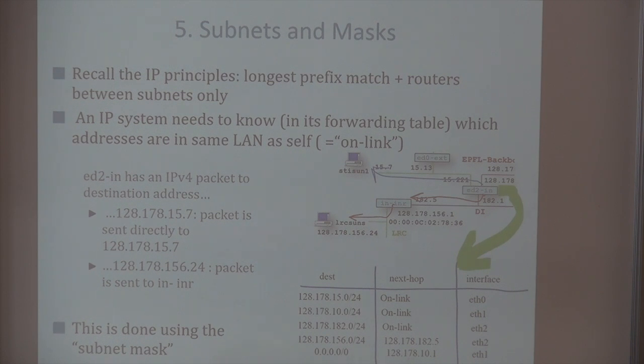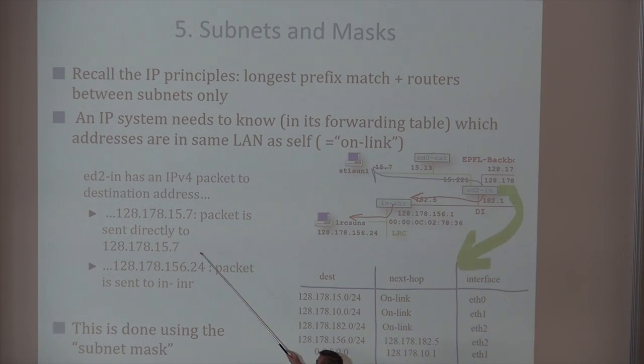We've seen masks already, so I recall what is the goal of a mask. An IP address is always structured into network part and host part, and this is used in the IP forwarding algorithm. For example, when a router, ED2IN, which is this machine, has a packet to send, it has to know whether it has to send it directly or whether it should go to the routing table.